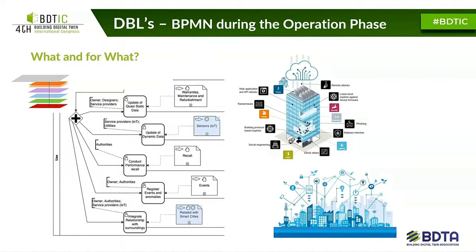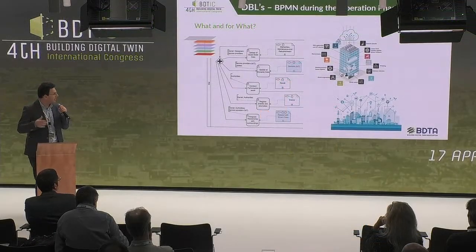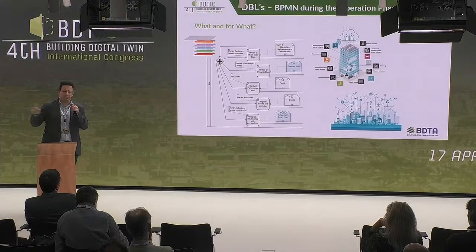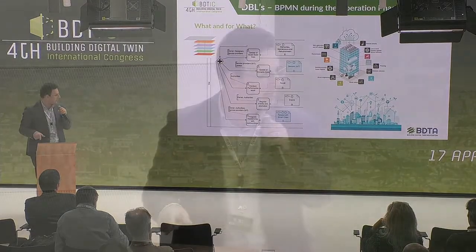And at the end, we have, I'd say, 2 things. Sensors for the building to monitor its use, and then the relationship between the building and the location where the building is. So a bit related with smart cities. So this is to summarize what and for what.